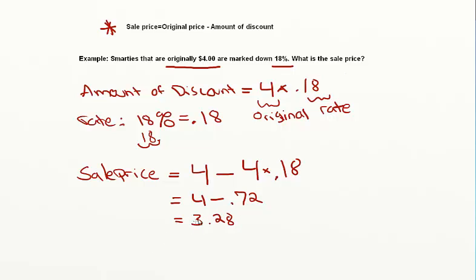Now we need to interpret this answer. We had originally a price in dollars, so that means the Smarties are now $3.28 because our original price was in dollars and we're subtracting 72 cents, so we get $3.28 for our sale price of the Smarties.